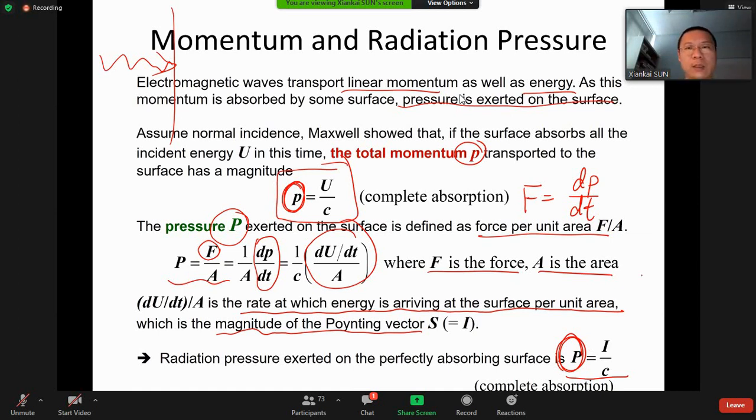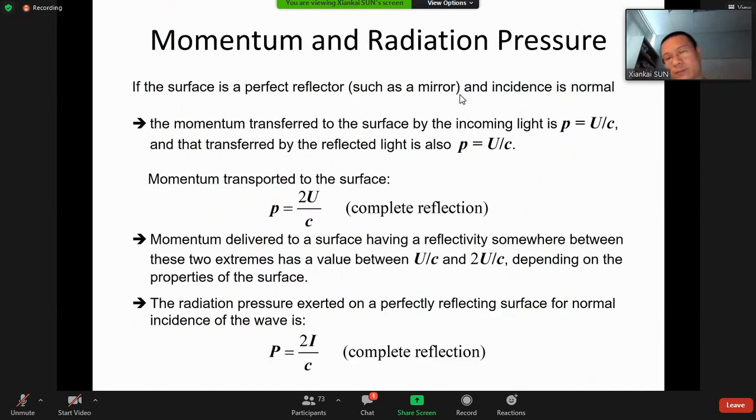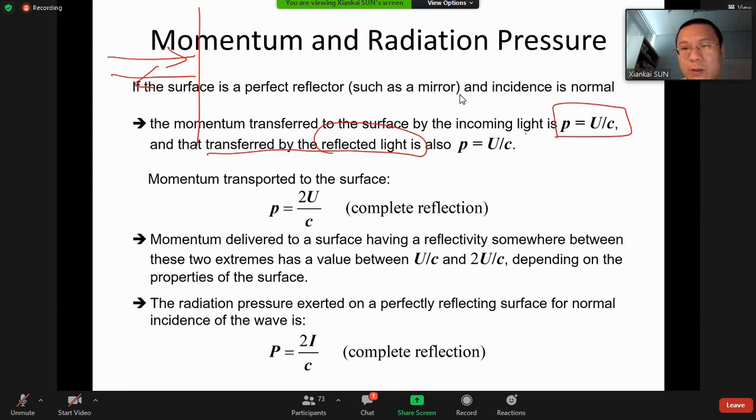All right, we have talked about the case of perfect absorption. What is the case for perfect reflection? For perfect reflection, the momentum transferred to the surface by the incoming light is U over c. At the same time, the momentum transferred by the reflected light is still U over c.